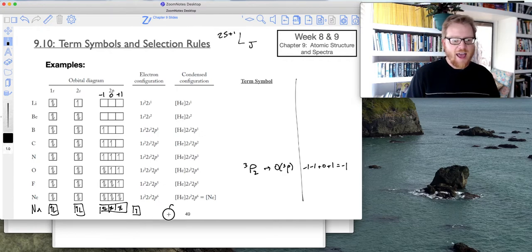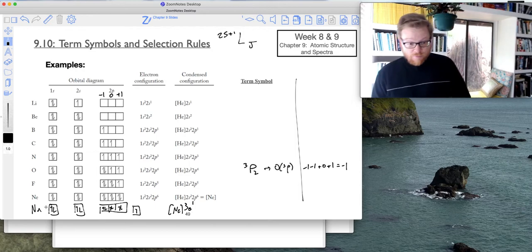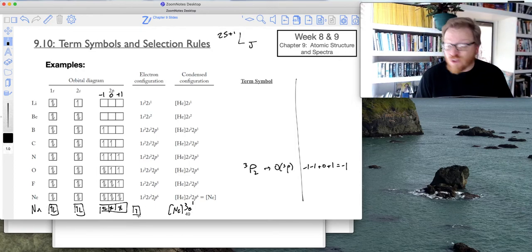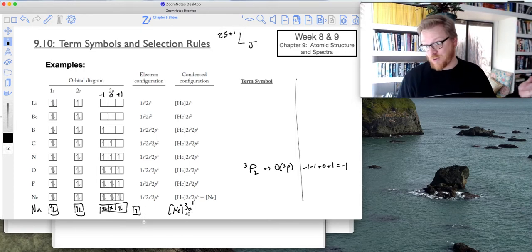So it's given as neon 3s1. So we can ignore all of those core electrons, and there's only one single electron to deal with, a 3s1.